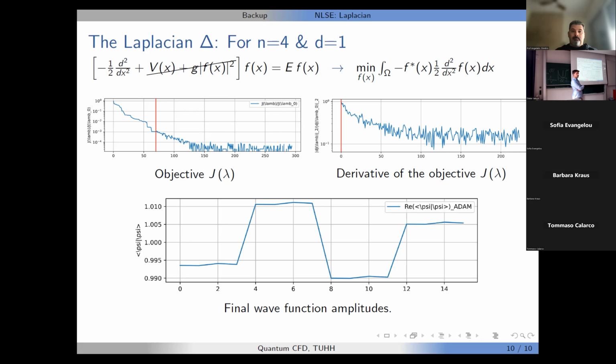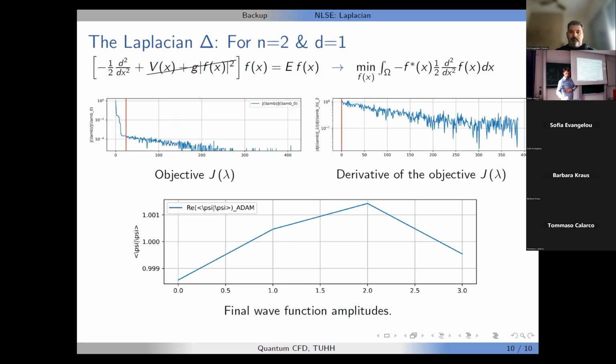This is 16. Can we go back to 4? Yeah, you have the same. The error is much less, but we also have the same effect. As you see, the derivative converges to a constant normalized value, which is bad because we still have a way to harvest.